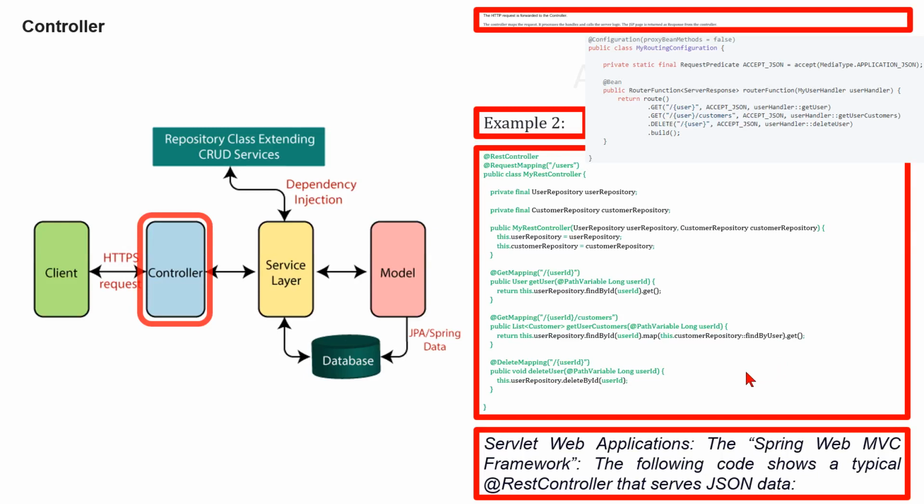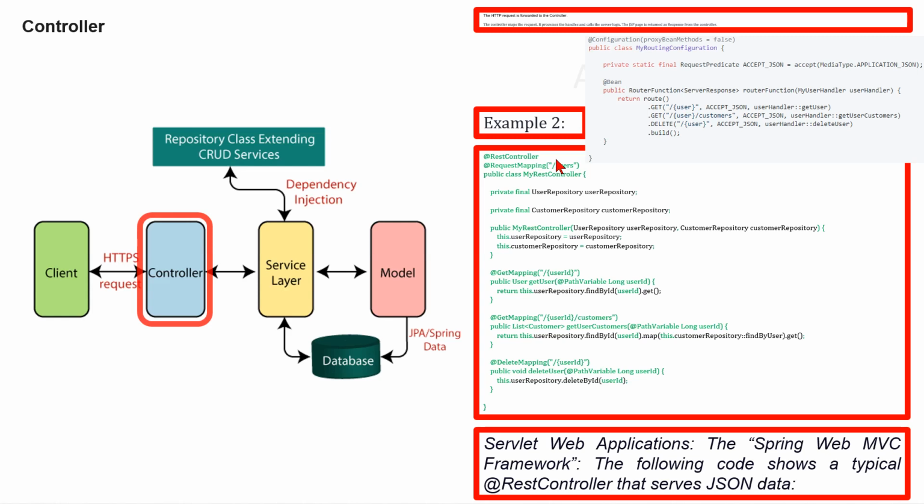As an example 2, we are considering the Spring Web MVC framework in servlet web applications. The Spring Web MVC framework, often referred to as Spring MVC, is a rich model view controller web framework.